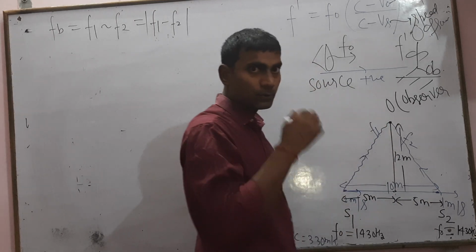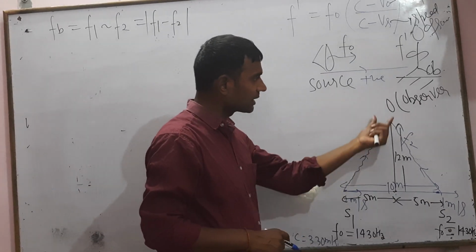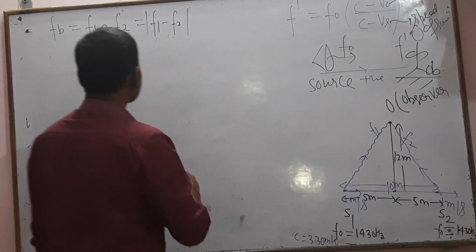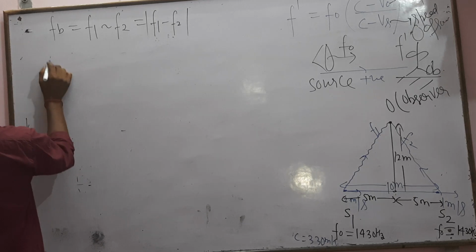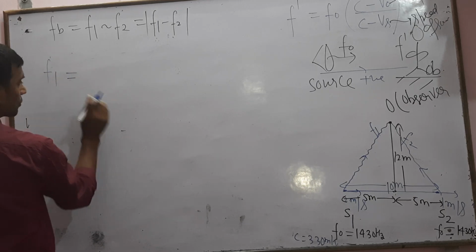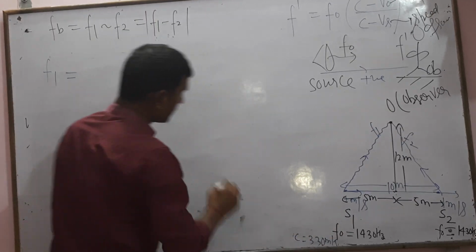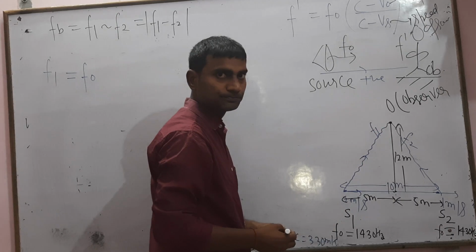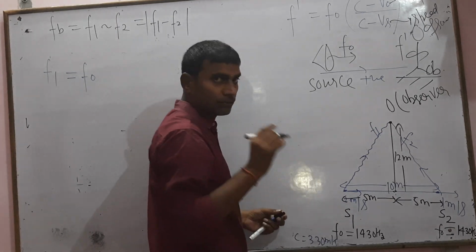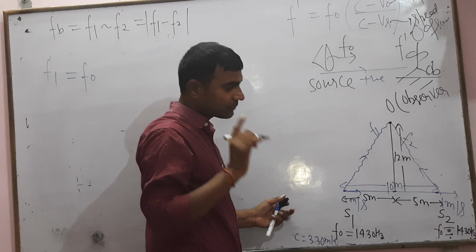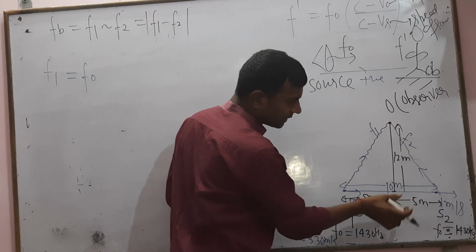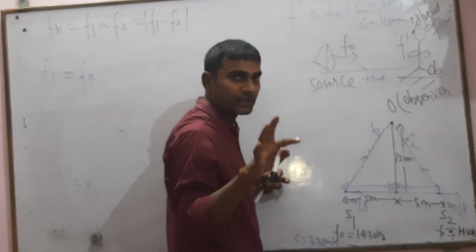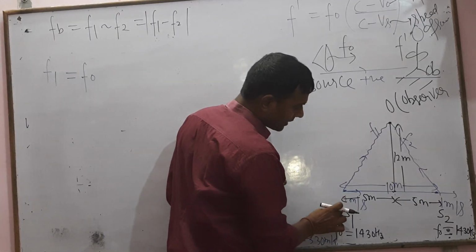Firstly, we have to find the apparent frequency heard by the observer from source S1. Let the apparent frequency be F1. This is the source and this is the observer. We have to draw the line joining source to observer. There are two sources and one observer, so two frequencies will be created, and the beat frequency equals F1 minus F2, for S1 and S2.